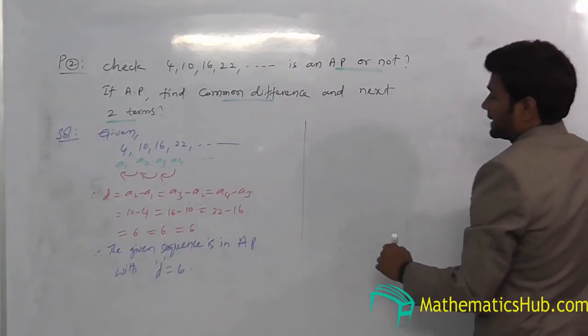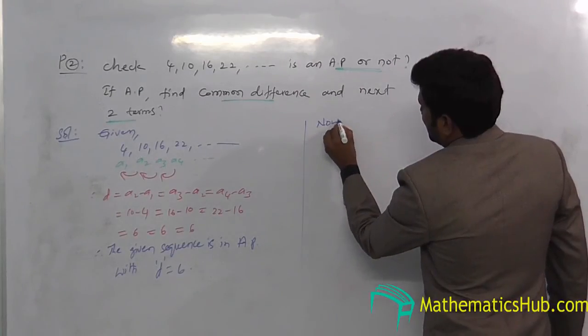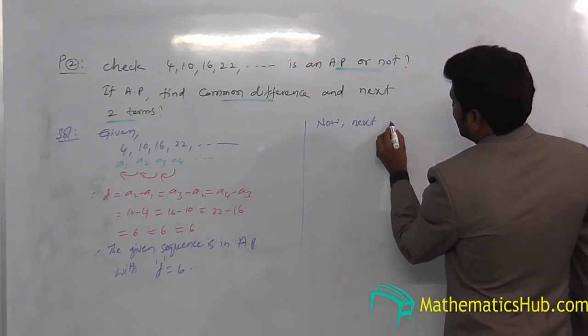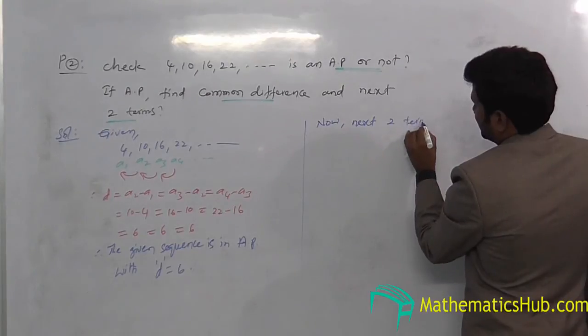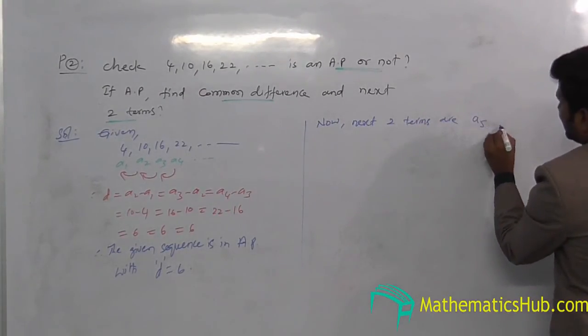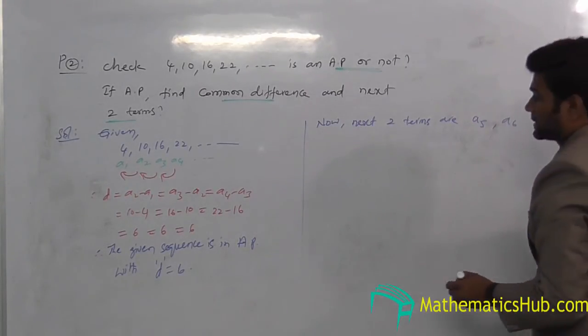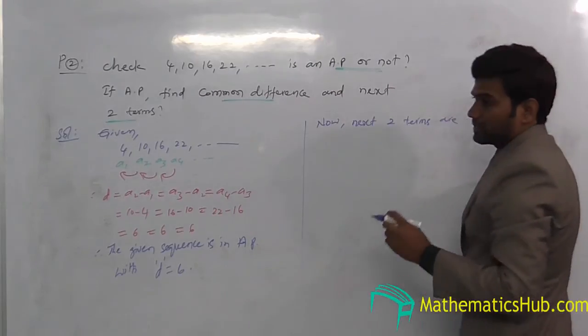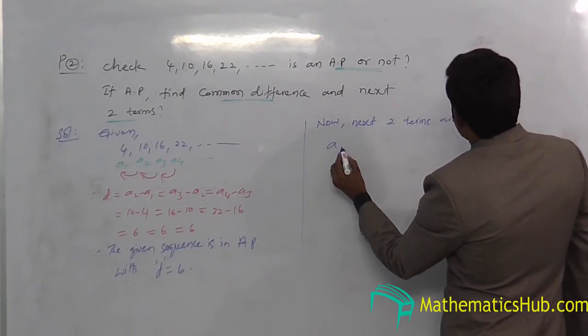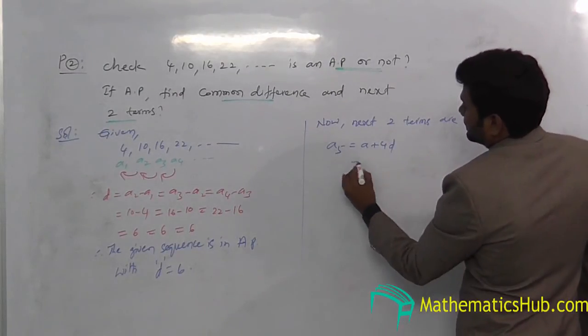Now, the next 2 terms are A5 and A6. By the general formula, A5 equals A plus 4D.